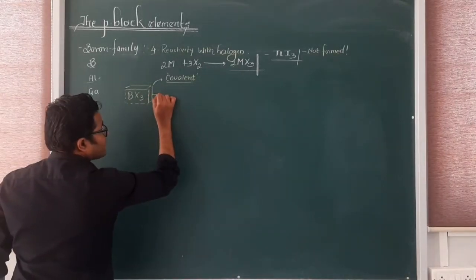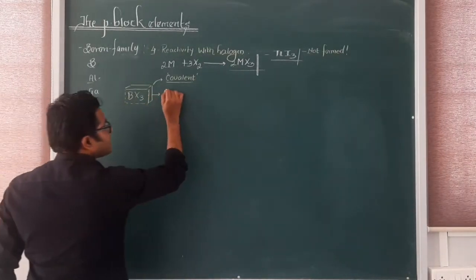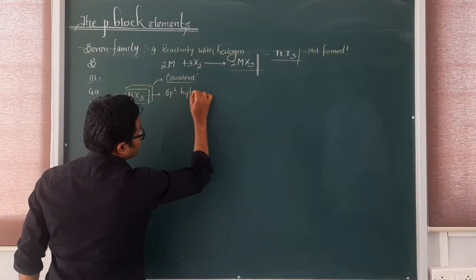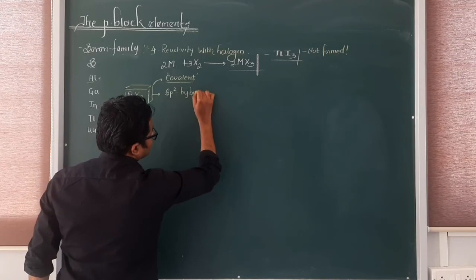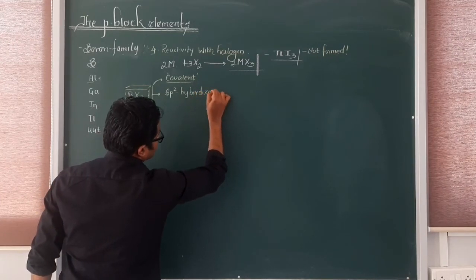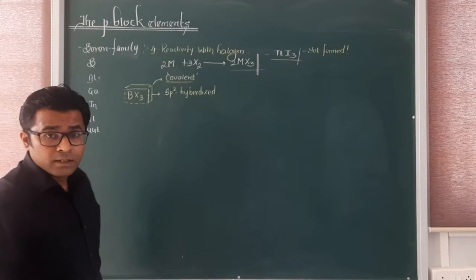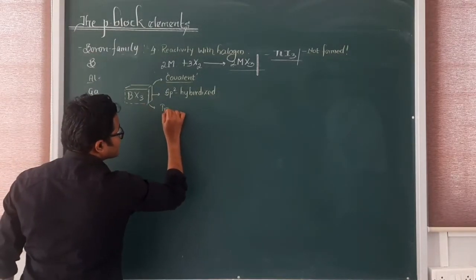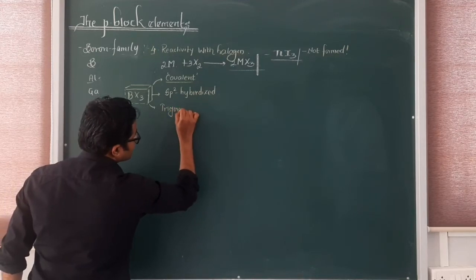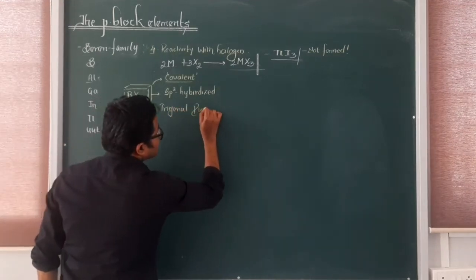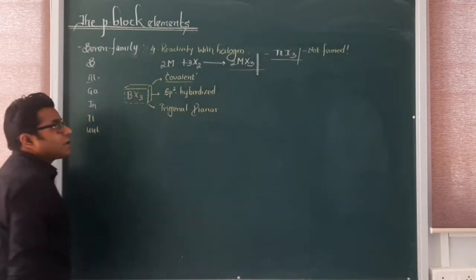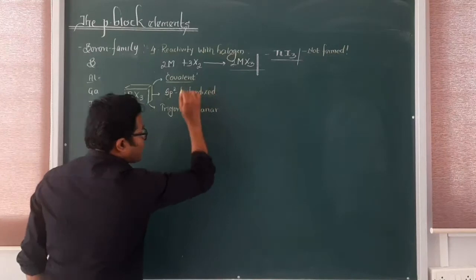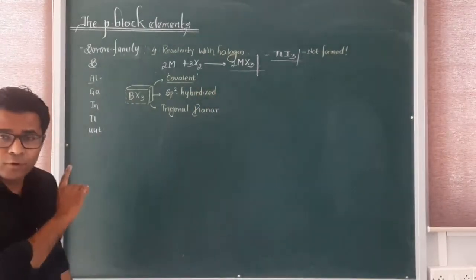Secondly, boron is sp2 hybridized. When we observe the shape, it is trigonal planar in structure. So these are 3 important points to remember about the boron halides.